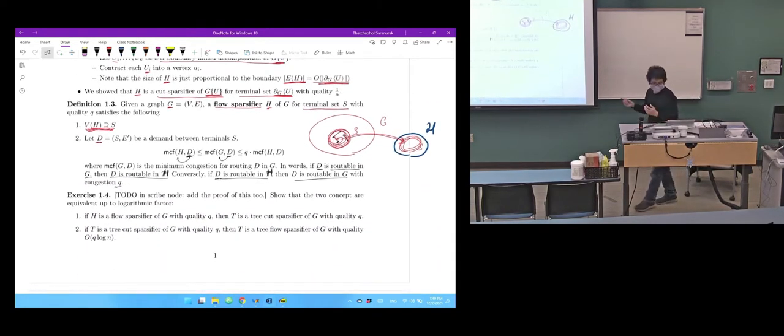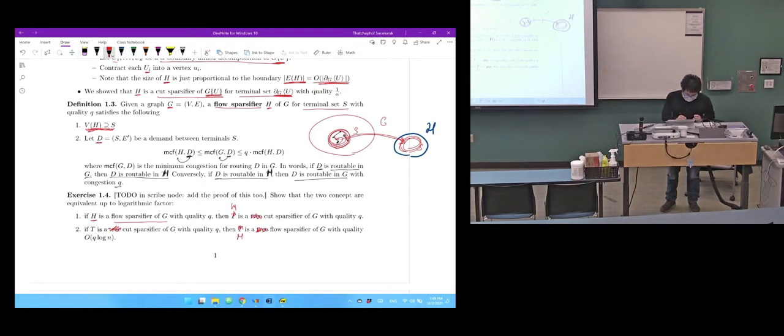And by now you should expect that they are the same kind of object, and indeed they are. If H is a flow sparsifier with quality Q, then H is a cut sparsifier with quality Q too.